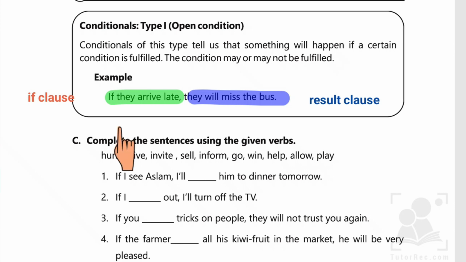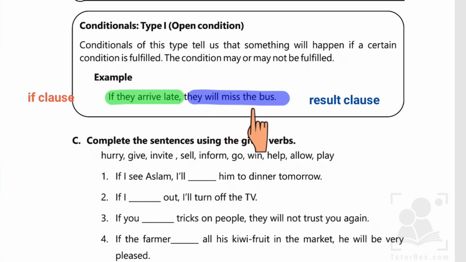So kids, you have seen that if they arrive late, this is the condition. If they get late, what are they going to do? They will miss the bus. The result is that they are going to miss the bus. If he wakes up late, he is going to miss the exam today. Again, a condition. So open condition or conditional 1 tells us that something will happen if a certain condition is fulfilled.